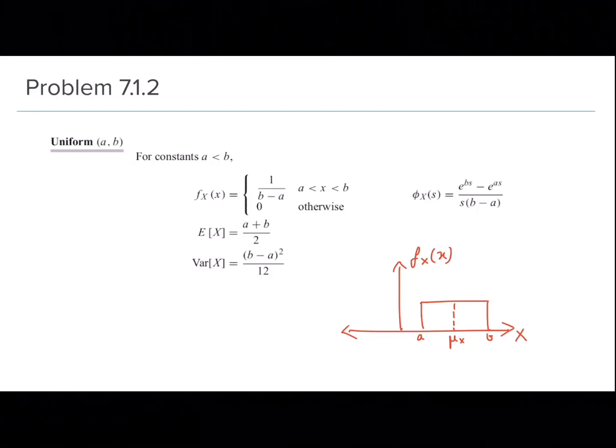And we also have the graph of fX of x over here, and the expected value E of X is equal to (a plus b) by 2, and the variance of X is equal to (b minus a) whole square by 12. So basically fX of x is a rectangle from a to b, and (a plus b) by 2, which is the center point of the rectangle, is our expected value, and the formula for variance of X is (b minus a) whole square by 12.